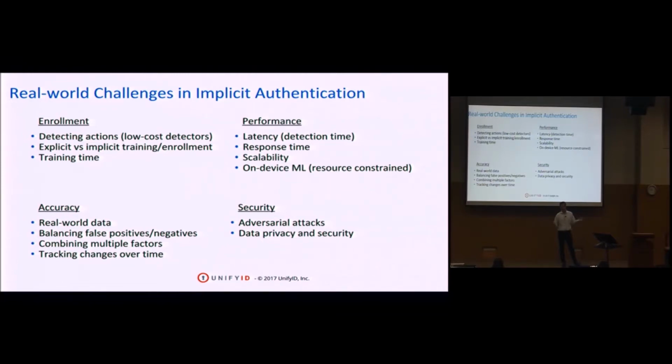Instead of using full precision neural networks, you can use reduced precision, all the way down to binary neural networks where all the activation weights are one of two values. These are the things you end up having to do to make things work well running on a local device. So there's a lot of technical challenges on that side. On the accuracy side, the biggest thing is having to deal with the real world.